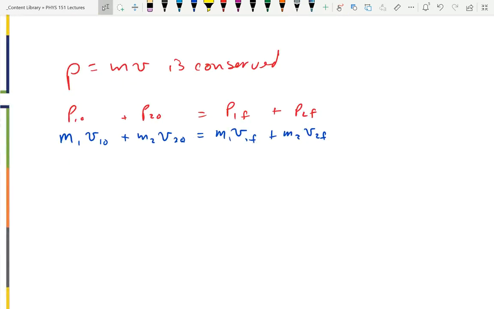Now I'm going to manipulate this equation in a way that initially looks nonsensical. When we get to the end, it'll make sense. When we start, it looks dumb. I'm going to combine terms by mass.